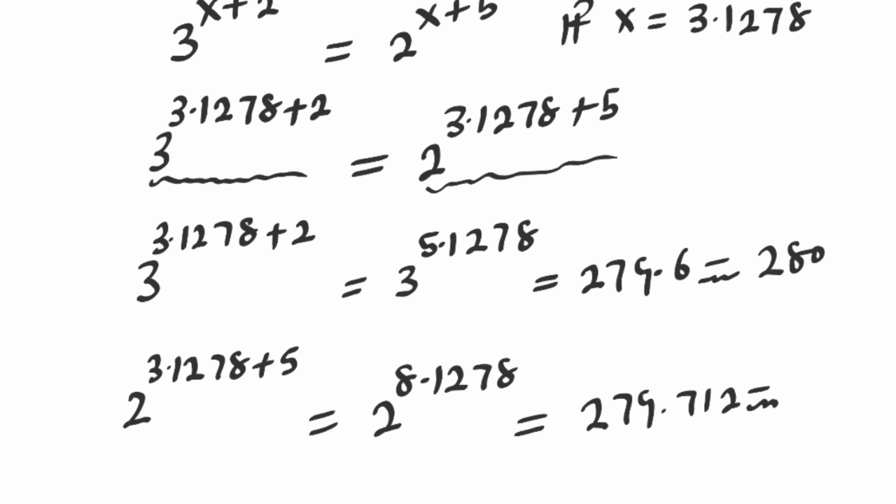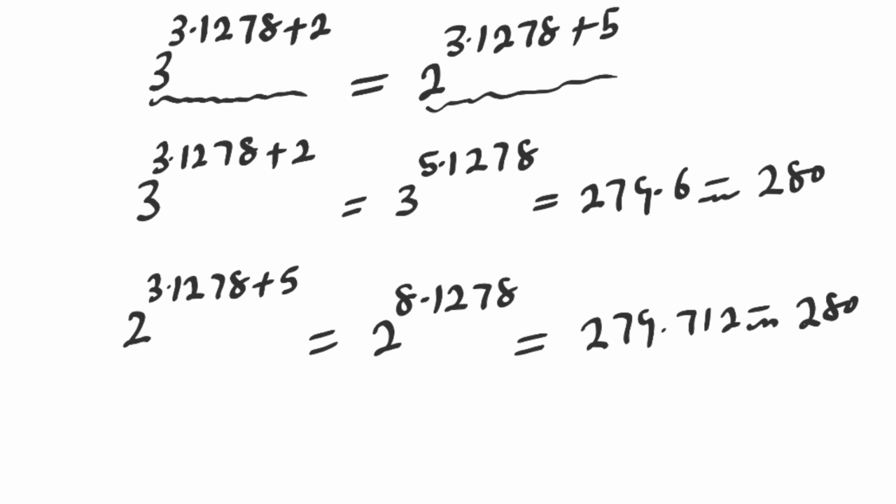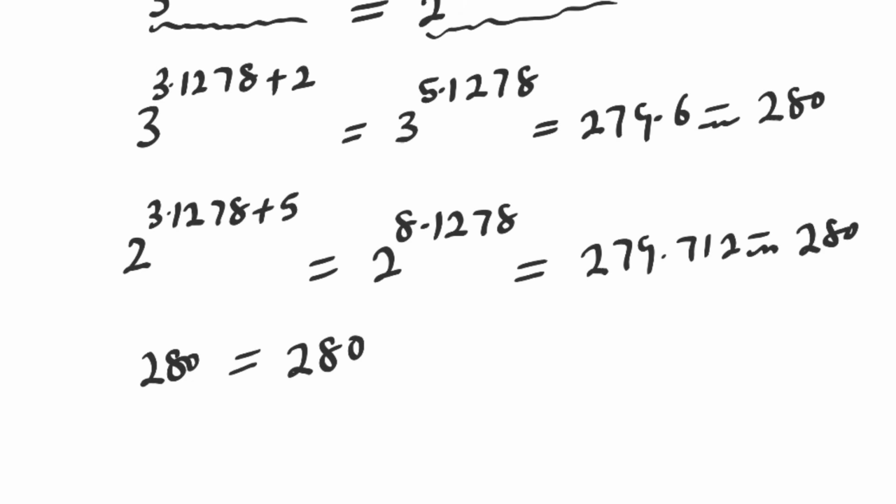This is approximately equal to 280. Therefore, the left hand side, 280, is equal to the right hand side, 280. Which is true. Let us solve this using another method and call this method 2.